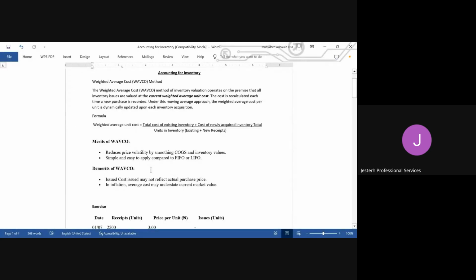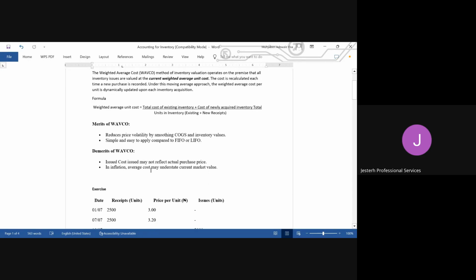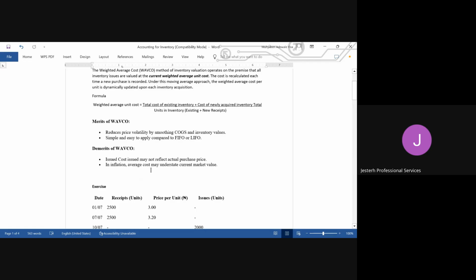Now we have the merits and the demerits, which are the advantages and the disadvantages. One of the major advantages of the weighted average is that it helps us to smooth prices in order for us to have a smooth cost of goods sold, and it also helps us to determine our inventory valuations.